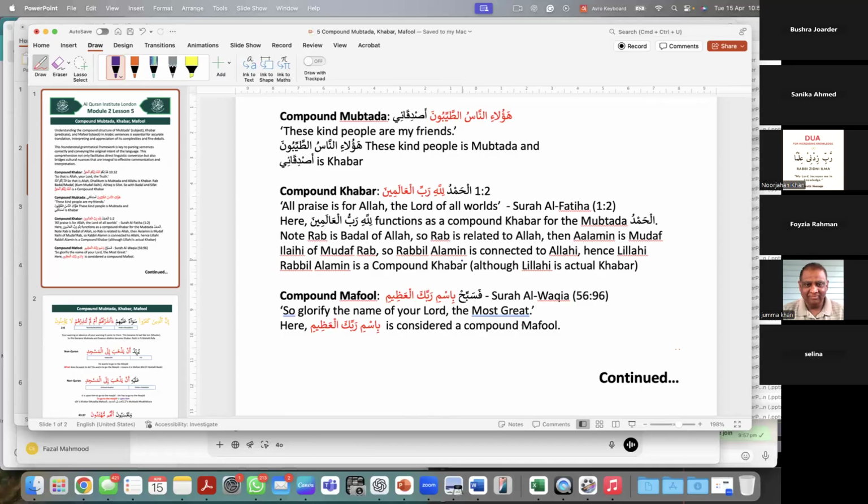Ha'ula'in nasu. These people. What type of people? At-tayyibuna. Good people, kind people. Can you see now how they are connecting? Ha'ula'in nasu.